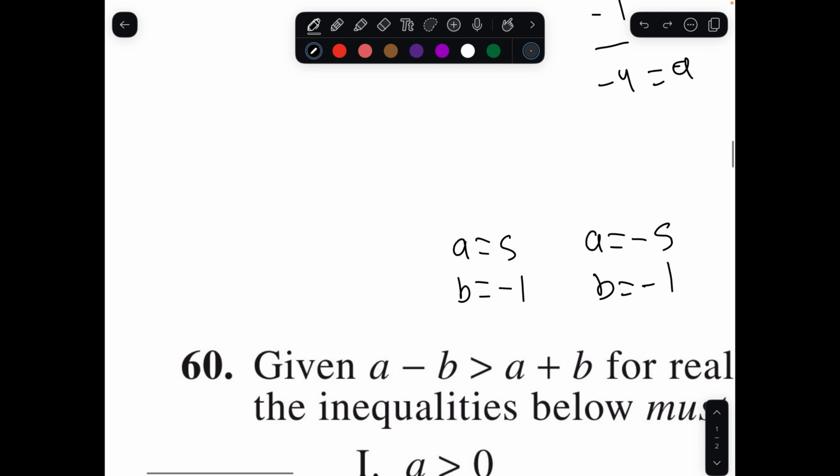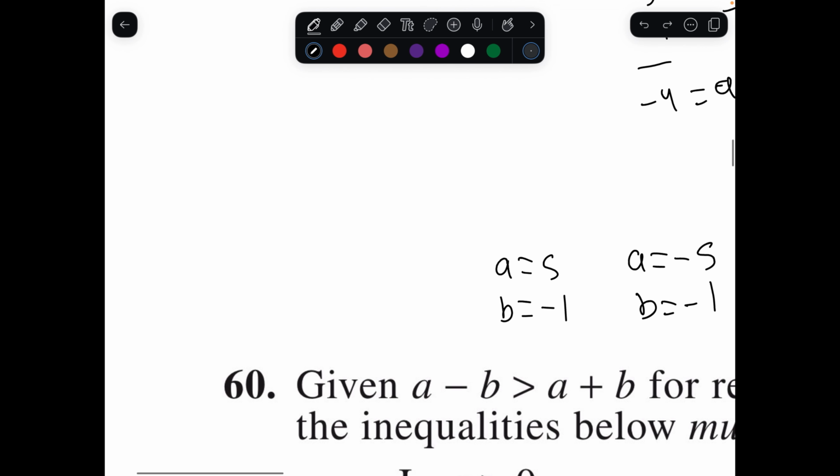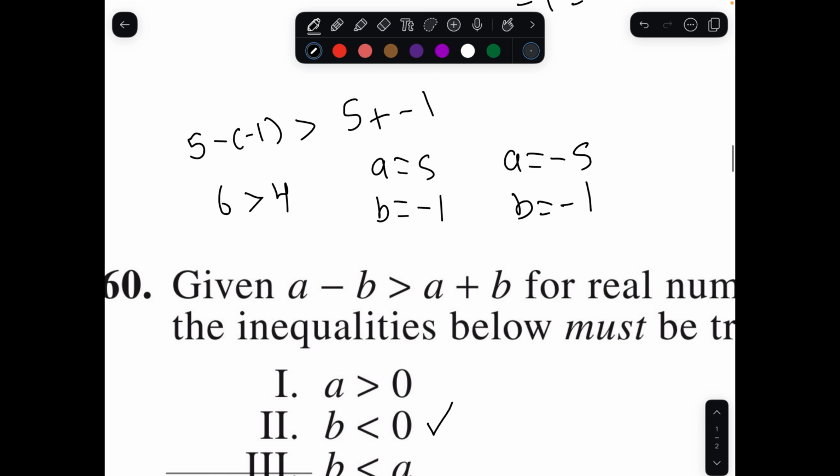So let's look at this first. Use a equals 5 first. So 5 minus -1. This is 6. 6 is greater than 4, right? So that's true.